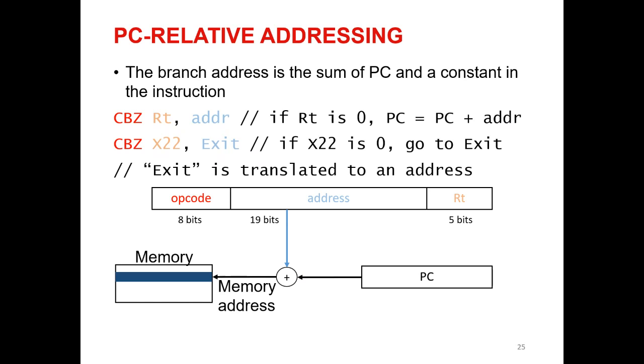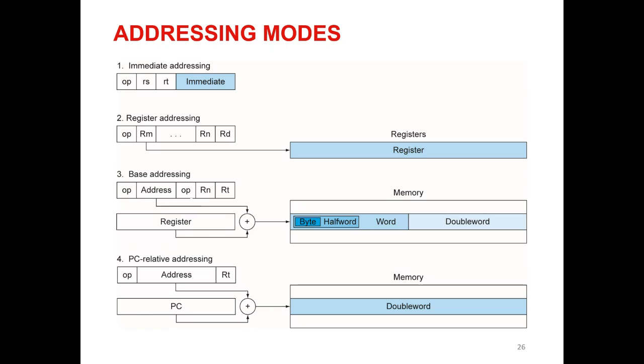So as a summary, we have here the 4 addressing modes we have seen. The immediate addressing mode, in which the operand is an immediate value. The register addressing mode, in which the operand is indicated in a register. The base addressing mode, in which the operand is indicated in a register plus a given address.